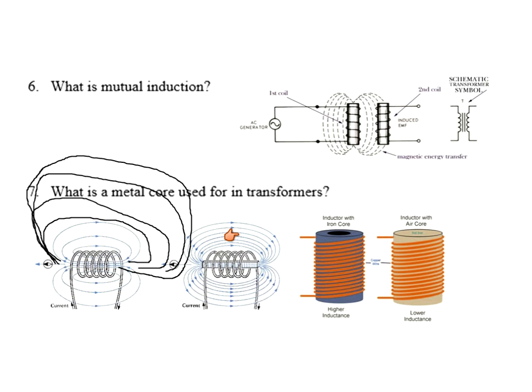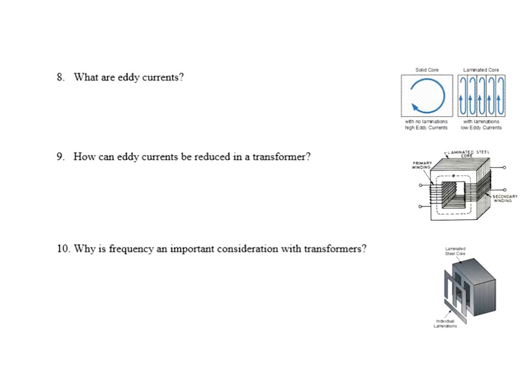It's pulling it together into a smaller spot. So this is an odd question, and I see it on every CET exam. What is a metal core used for in a transformer? Some of the answers are to increase the number of lines of flux, which is not a good answer. And another answer would be to control, direct, or focus the lines of flux. That is the good answer. So watch for that one. It's a purposefully tricky question.